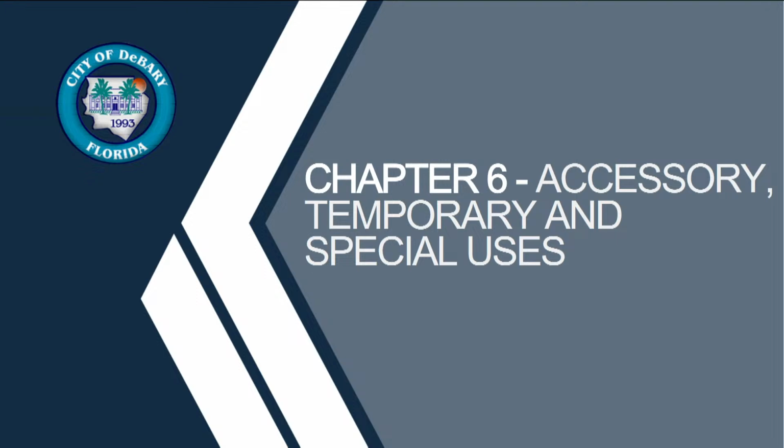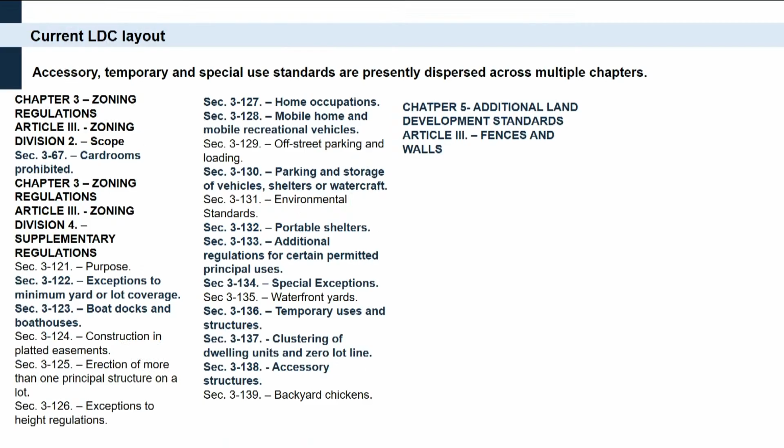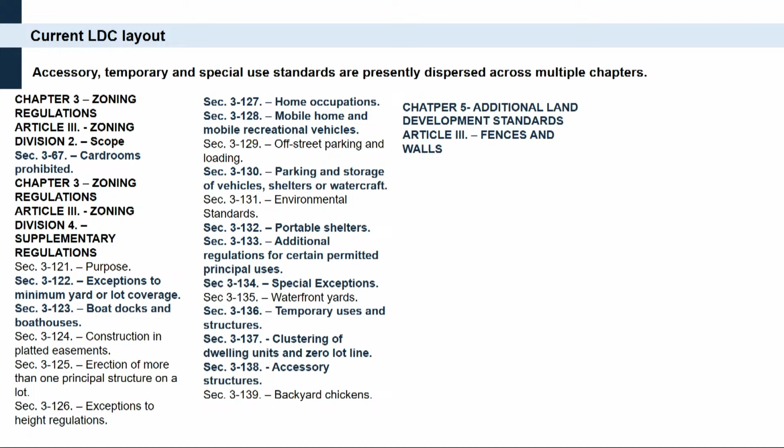Now, accessory units, temporary and special uses, we had the same problem moving forward. We had references to accessory type structures, units, and uses throughout 2, 3, or 4 different sections in our code. Again, consolidated for simplicity.